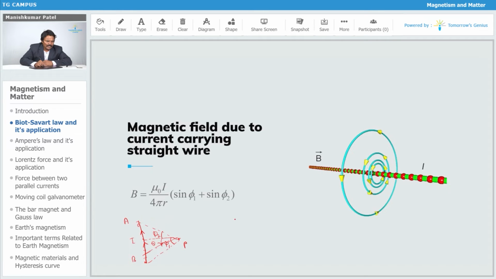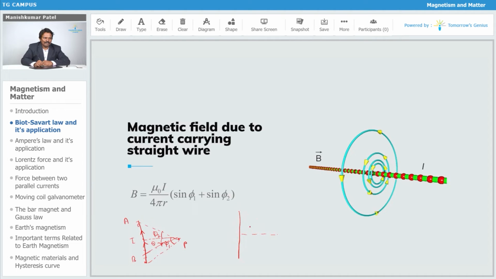In this case, there are various cases. If I assume that this conductor is infinite, then what is the value of phi 1 and phi 2?